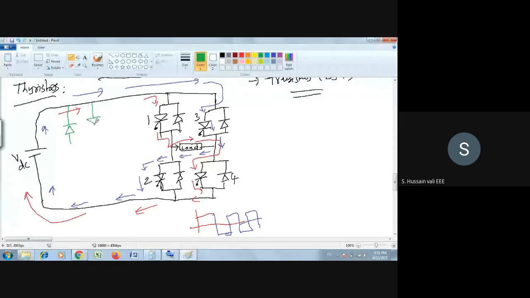Right here, 1A. This is the resistor; we'll give it the name R1.